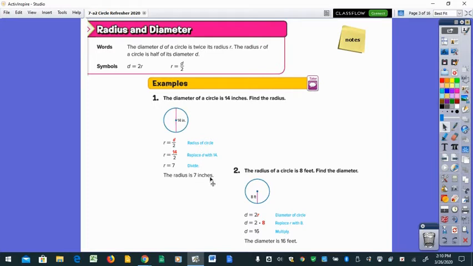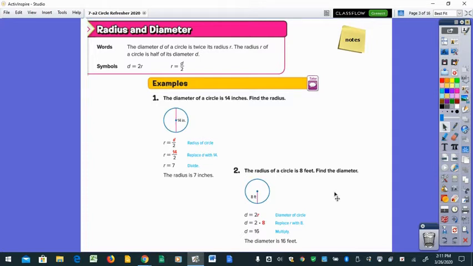Notice that it is straight units because we're talking about a distance, one dimension, 7 inches. Here in this circle, I'm given a radius. It goes from a point on the circle to the center, and I want to know what the diameter is. The radius is the shorter one, so to get the longer one, I need to multiply by 2. 8 times 2, and the diameter would be 16 feet.